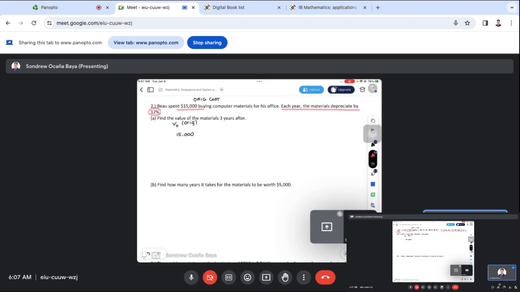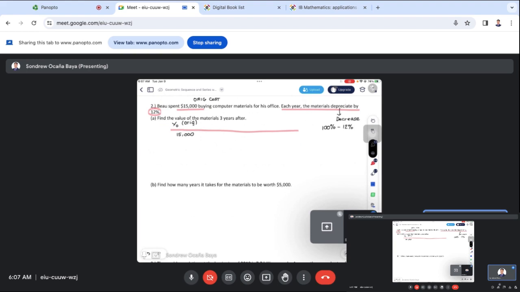And we know that each succeeding year, the amount depreciates by 12%. Depreciate means decrease. That means from the starting amount of 100%, this will be decreased by a certain percentage which we are given as 12%. All right?